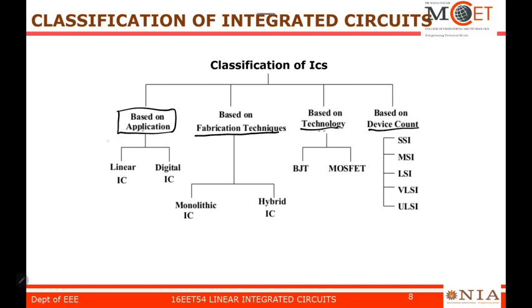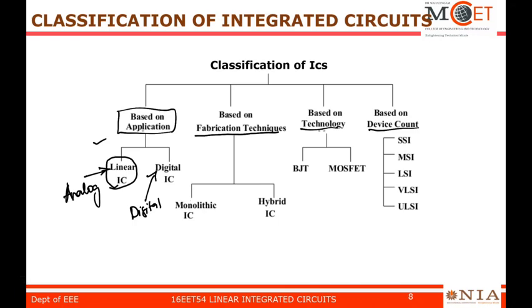The first one is based on the application, like what kind of application the ICs are intended for, whether it is for linear or analog application or for digital application. This is the part we are going to study throughout this course, linear ICs.